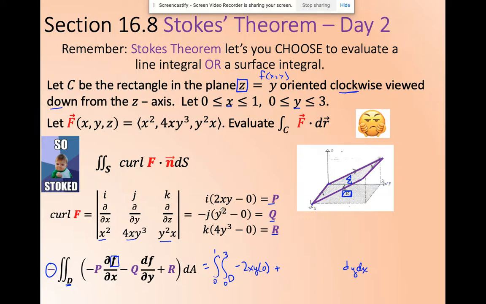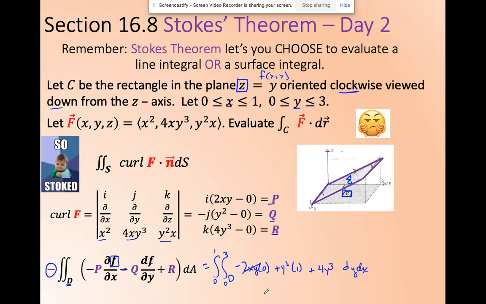Plus negative y squared, but what are you doing? Negating. So I have y squared times partial of f with respect to y. And then plus r. And I'm going to integrate that, dy dx, right? I'm going to integrate with respect to y first.